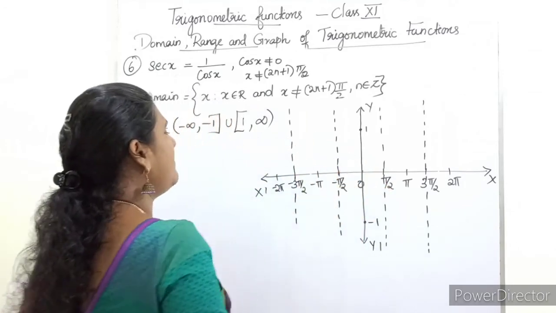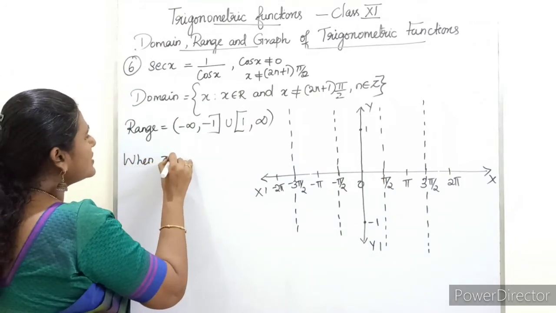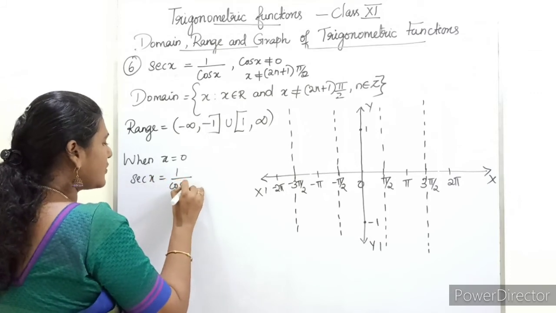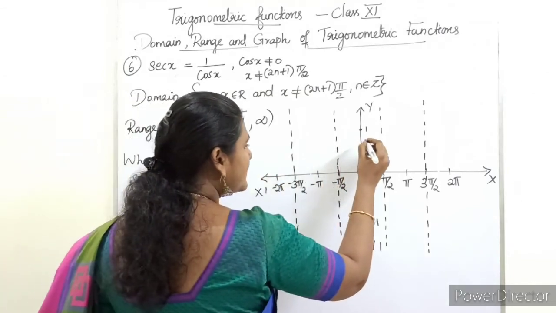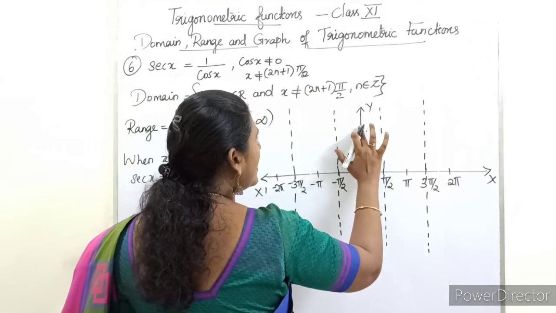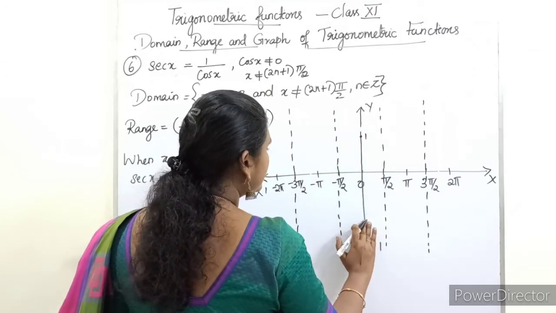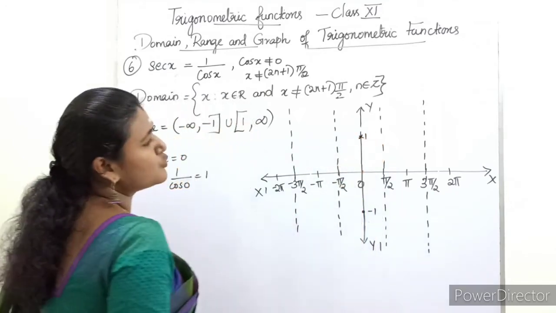Now at this point we will see x is equal to 0. When x is equal to 0, sec x is equal to 1 by cos 0, which is equal to 1 by 1, which is equal to 1. So at x is equal to 0, I will mark here 1. So the function value is 1.